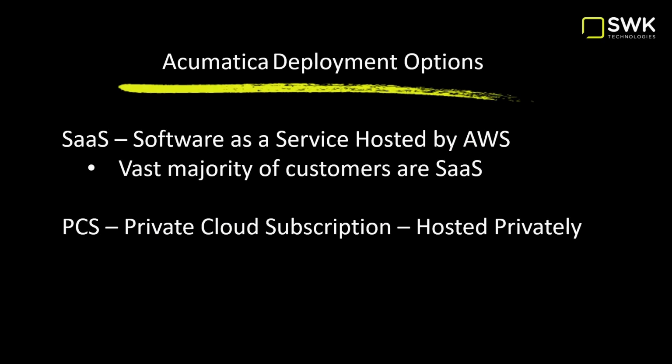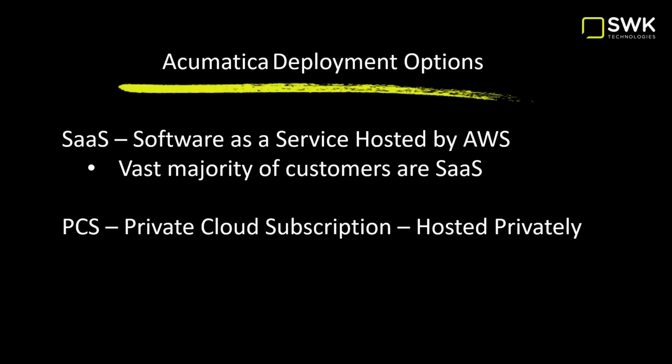However, there's often times where people would like to privately host their Acumatica and they're on a private cloud subscription, and it's hosted then privately on their own server somewhere. PCS is impacted, but not quite the same way as SaaS is. And this will become evident as we go through the presentation.